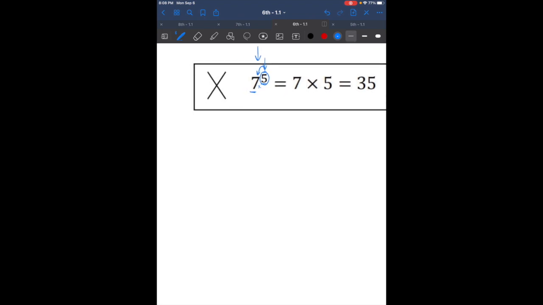So what that actually looks like is 7 times 7 times 7 times 7 times 7. 1, 2, 3, 4, 5. So that is what that's supposed to look like. 7 times 5 is 35, and I already know that if you just do 7 times 7, that's 49. So what did this person do wrong? They multiplied 7 times 5 when they were supposed to multiply 7 5 times.